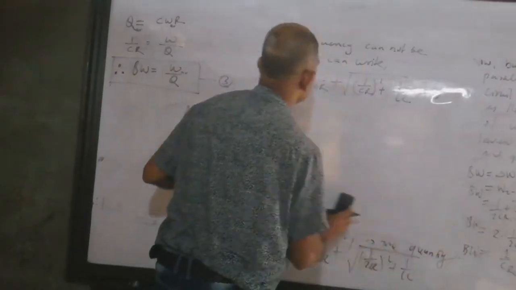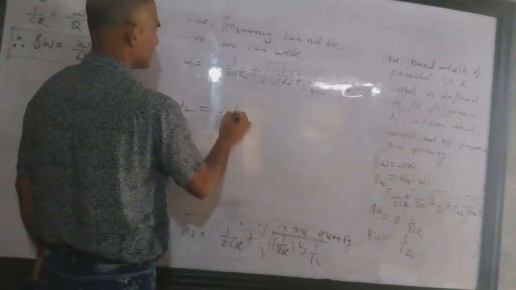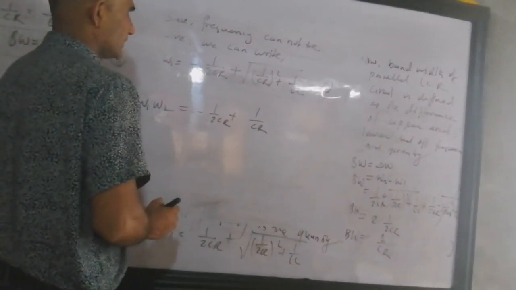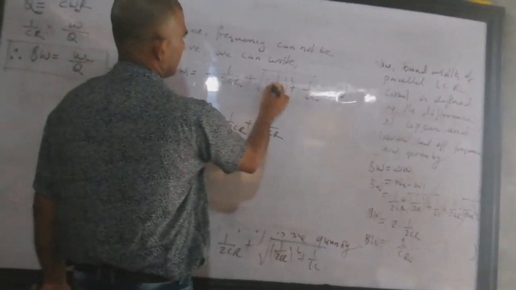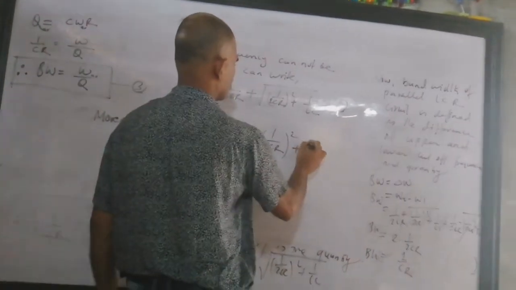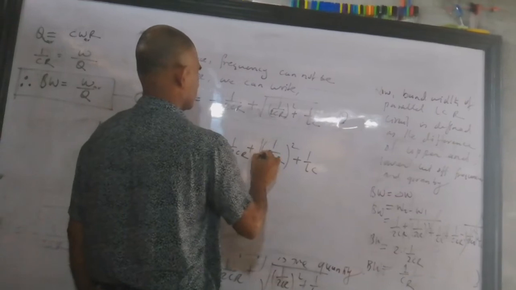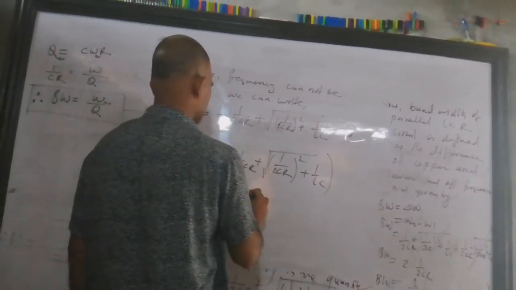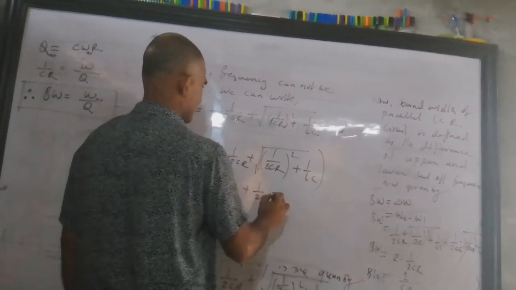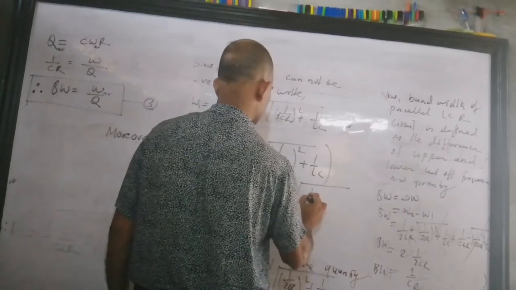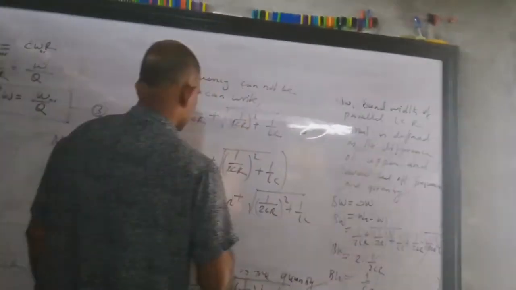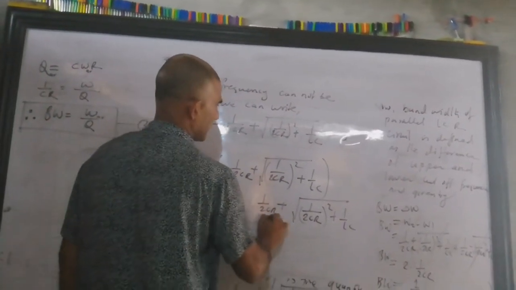The upper cutoff is here only, so let me write minus 1 by 2CR plus root under (1 by 2CR) whole square plus 1 by LC, and again I have to multiply by the same terms, but this time there is plus 1 by 2CR plus root under (1 upon 2CR) square plus 1 by LC. Okay, so I have to multiply these two terms.